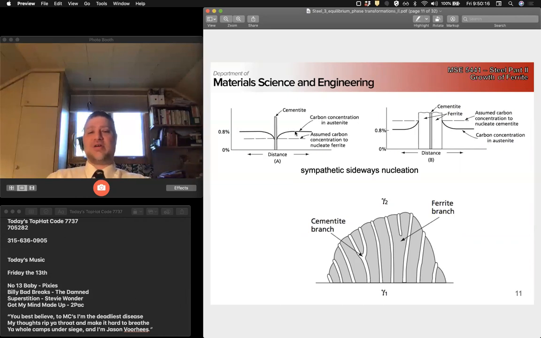So the faster carbon is moving this way down this concentration gradient or chemical potential gradient, the longer I'm going to stay above this critical value and the wider my cementite's going to be.